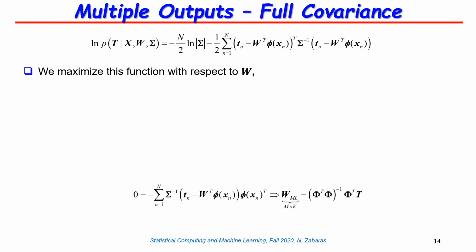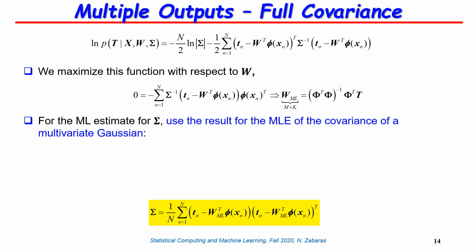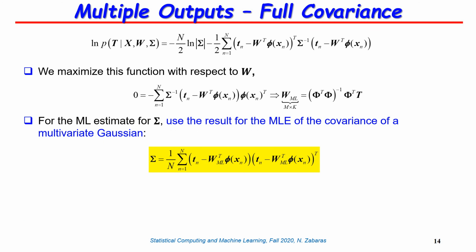So I can write down that my covariance matrix sigma is given by my sample covariance that you see on the bottom. Again, notice that the mean here is defined by my regression functions. And as for the calculation of W, the answer is exactly as before. There is no coupling between these K regression problems.